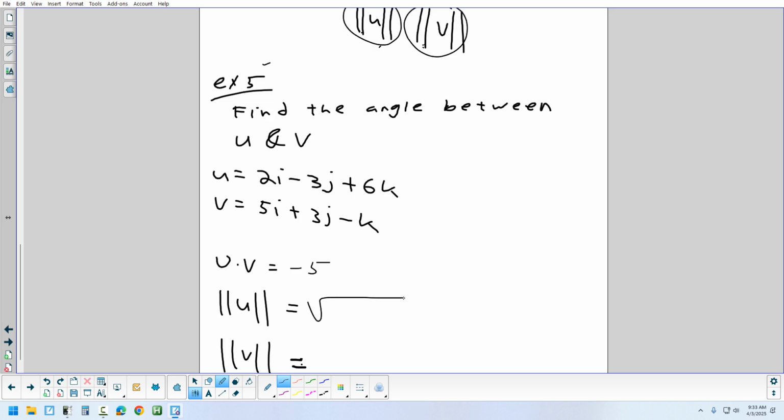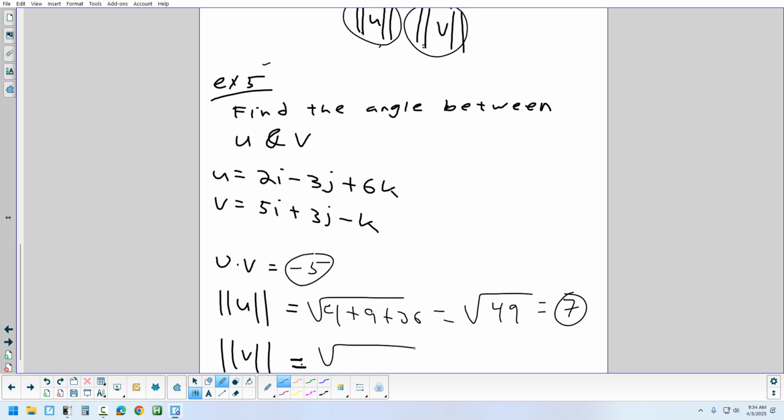And if you square each one of those, what do you get? 4 plus 9 plus 36. Okay, add that all up. 4 plus 9 gives me 13. 13 and 36 gives me 49. That gives me a magnitude of 7 for u.